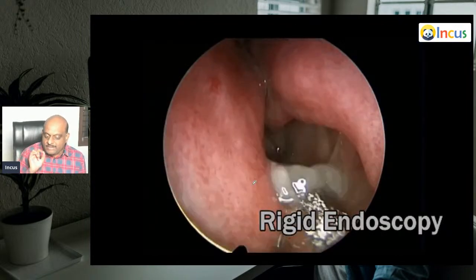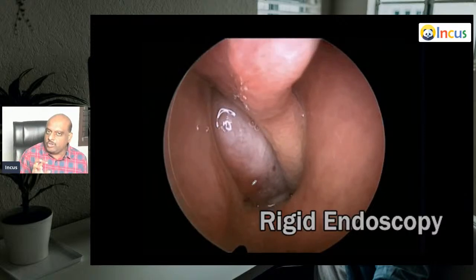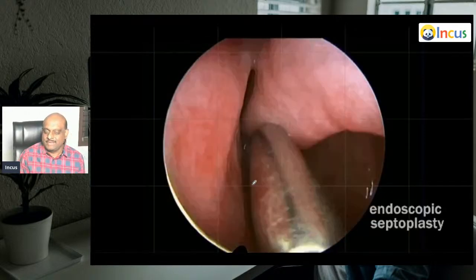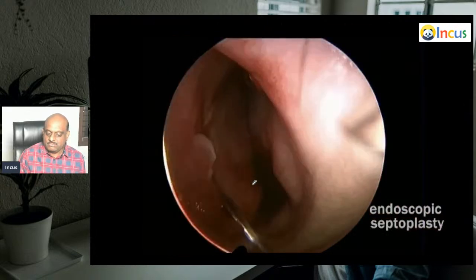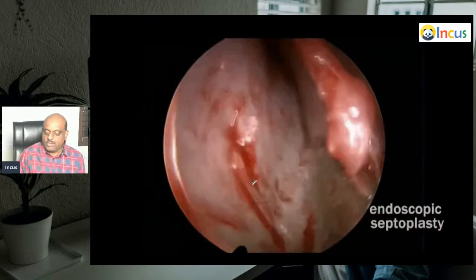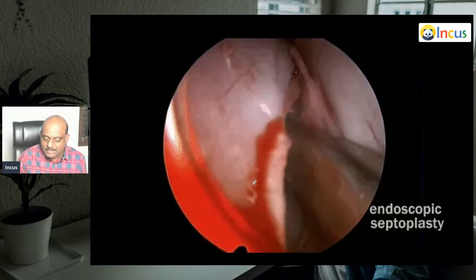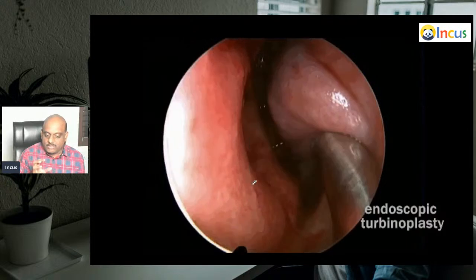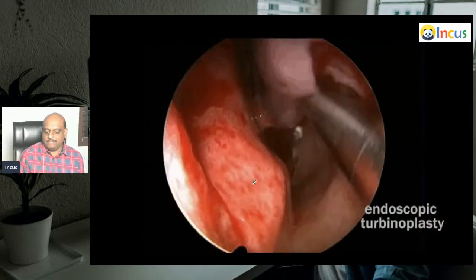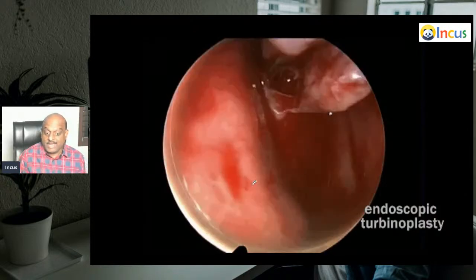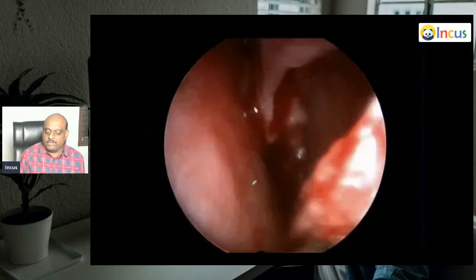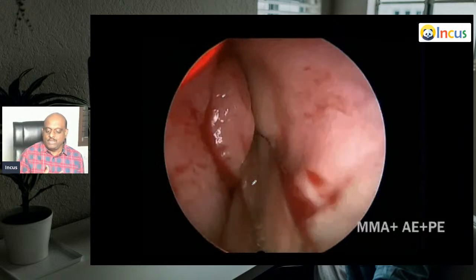And we use rigid endoscopy in order to reach the tumor, which is highly vascular. In surgery, endoscopic septoplasty is done in order to get an exposure. And you grab this highly vascular tumor, and we remove the tumor.